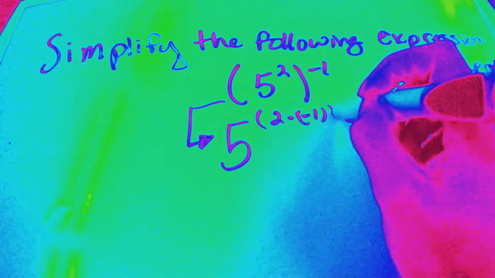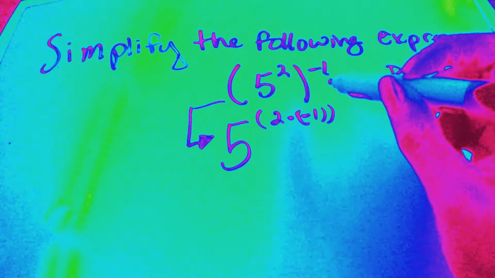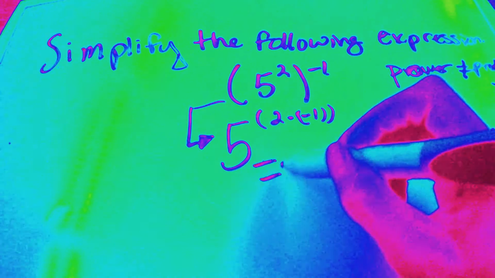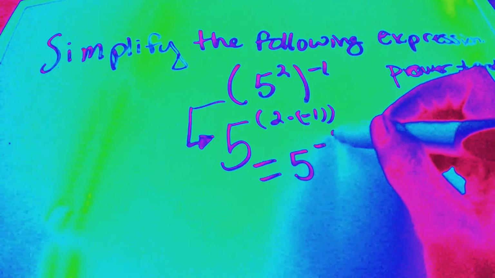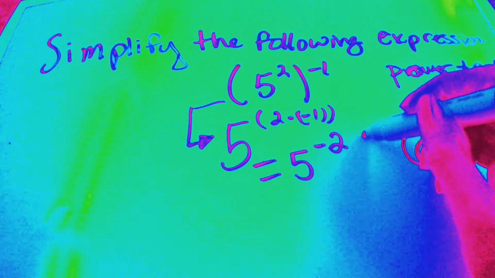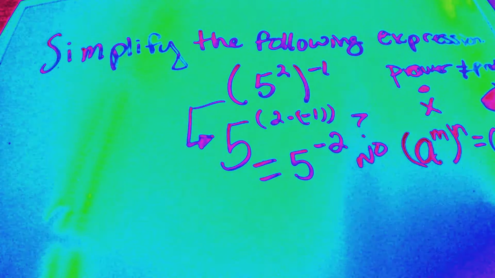I'm going to put my little extra parentheses here. Alright, 2 times -1 is what? -2. That's really easy. The only issue here is, can we leave it like this? No. We have to keep going.